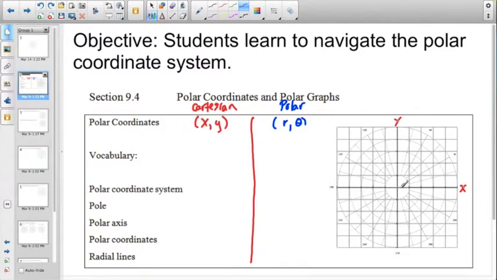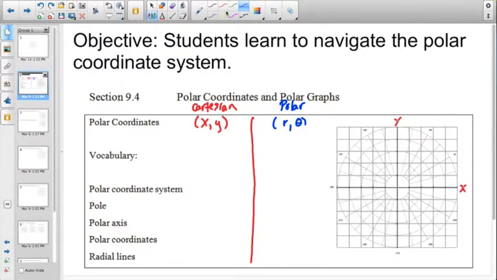A distance of 1 on the polar curve would be along that radial line, a distance of 1, so it would be going to this circle that has a radius of 1, or a distance of 2 on a radial line would be going out to the second circle, and so on and so forth.